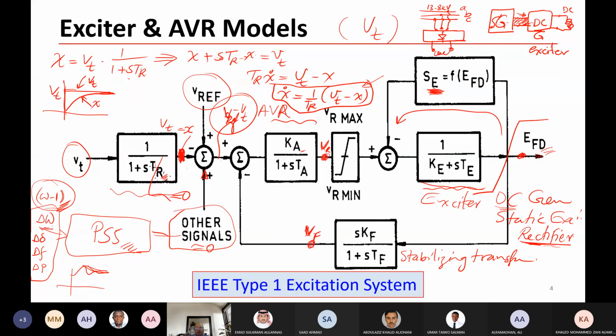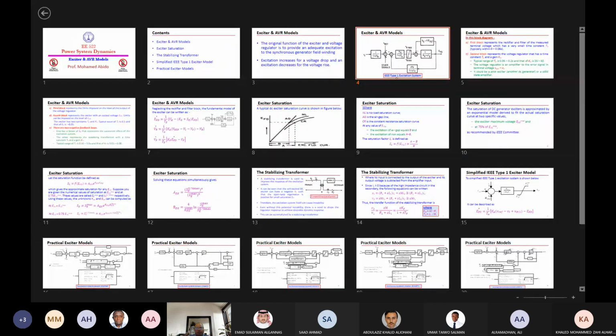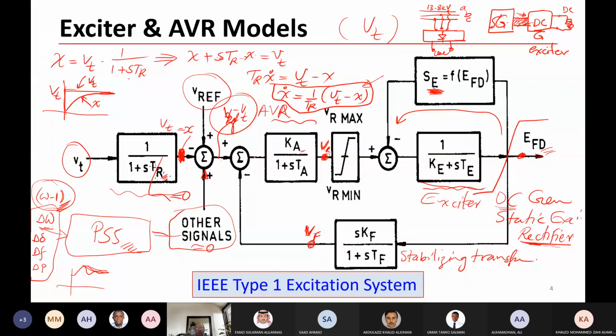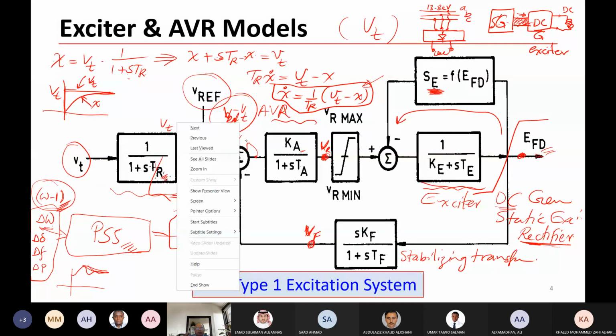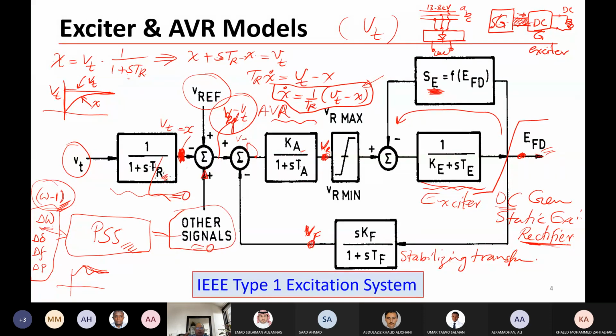The signal that comes here is V reference minus VT minus VF.